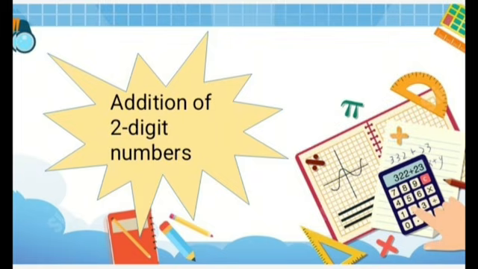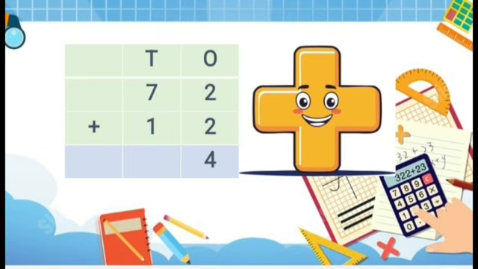Addition of two-digit numbers. Let's explain our lecture through different examples. For example, add 72 and 12. Remember students, when we do addition sums, we always start from the ones column.